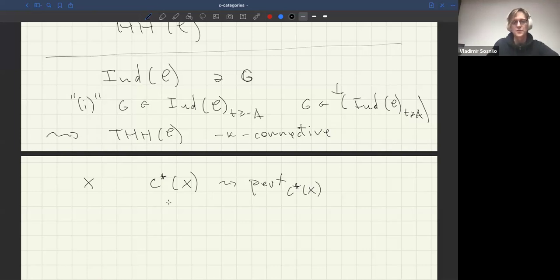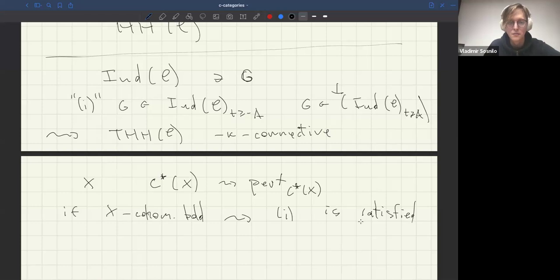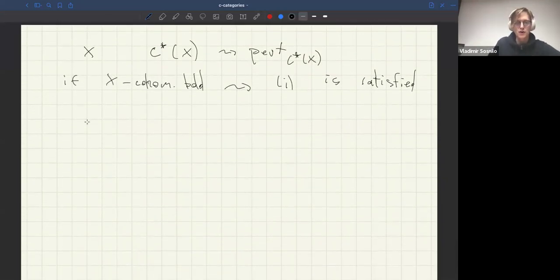And in this situation, if X is homologically bounded, then the first condition is satisfied. But on the other hand, we know how to compute THH or HH in this case by the theorem of Jones.